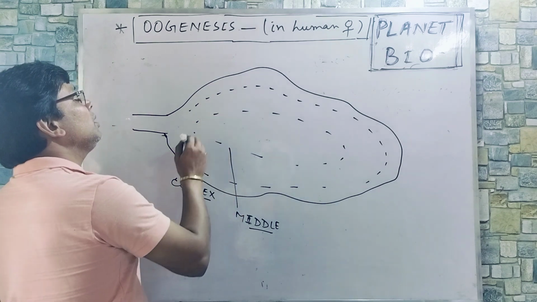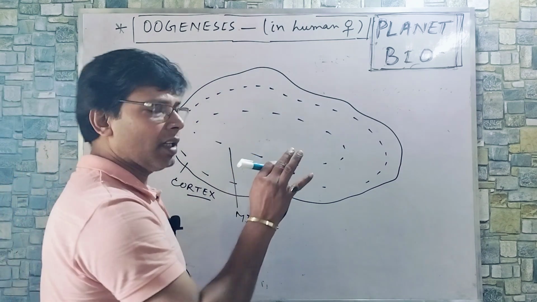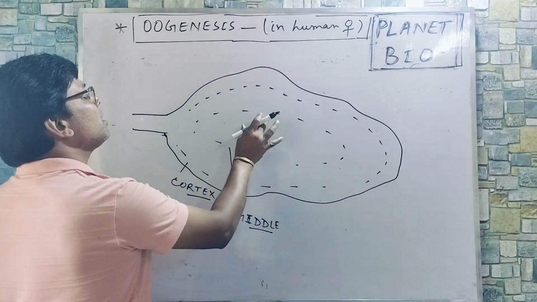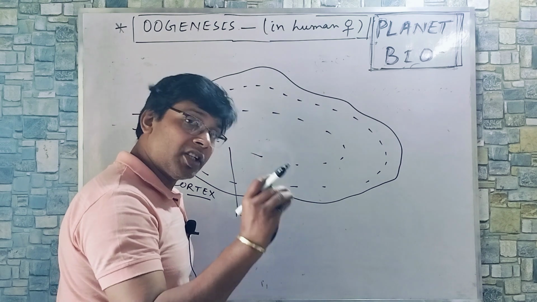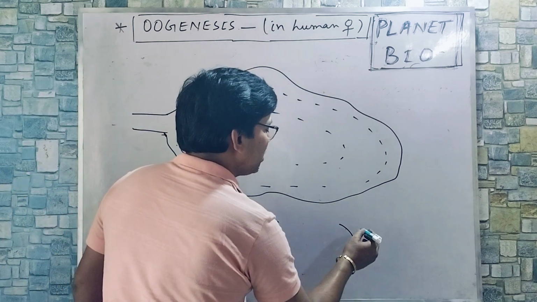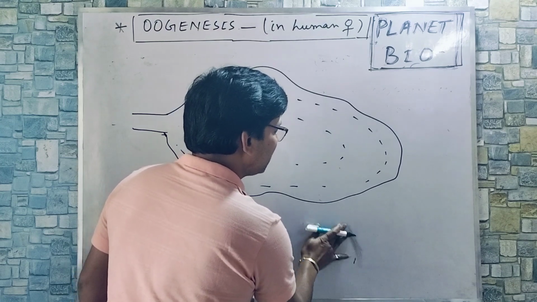What happens actually, as it occurs in fetal ovary, so this is the ovary of a fetus female, because where is this happening?